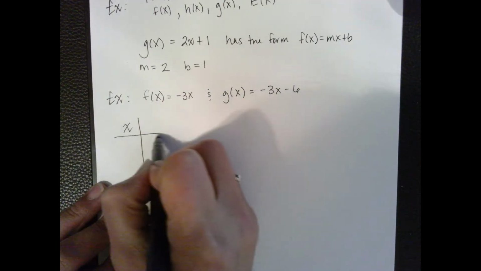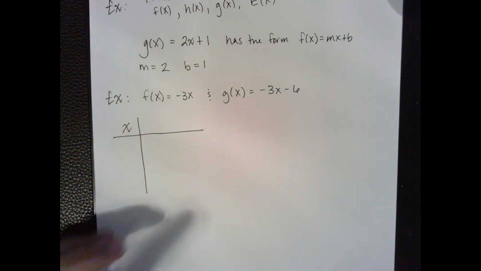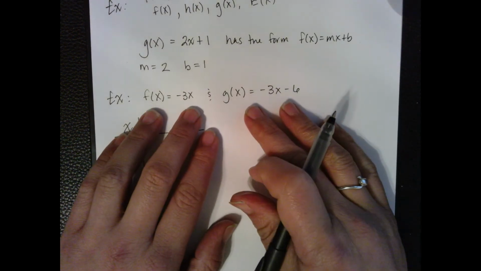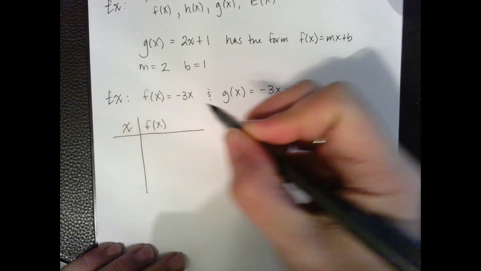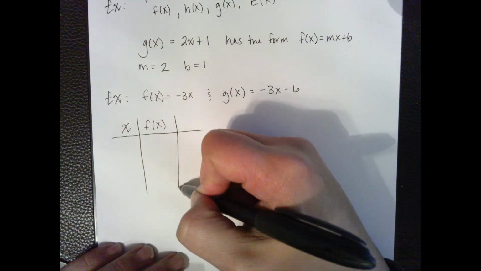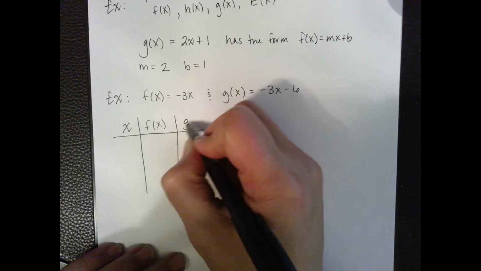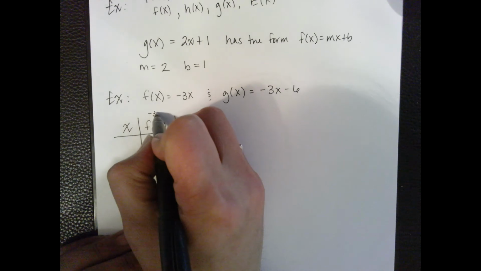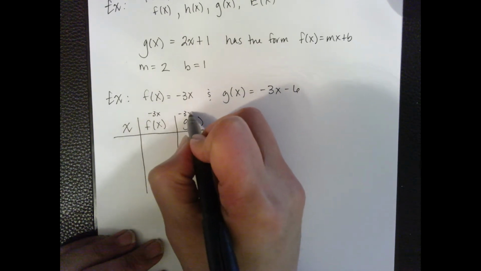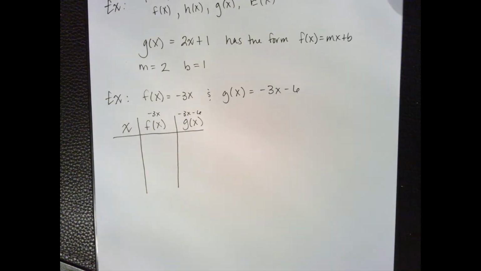X are still my inputs, they're still what I'm picking. I have two different equations, so now I have two different outputs, so I'm going to draw it in one chart. So here's f of x, and here's g of x. And just so we recall, this is negative 3x, and this is negative 3x minus 6.